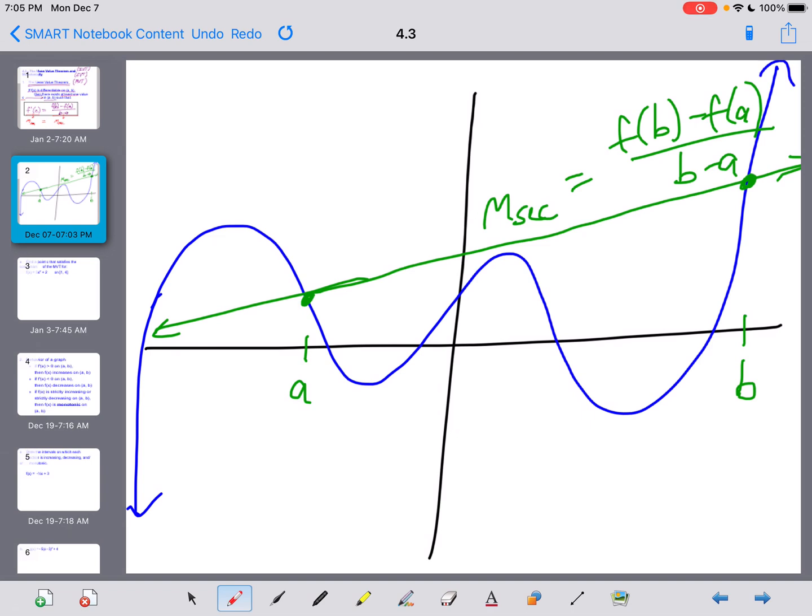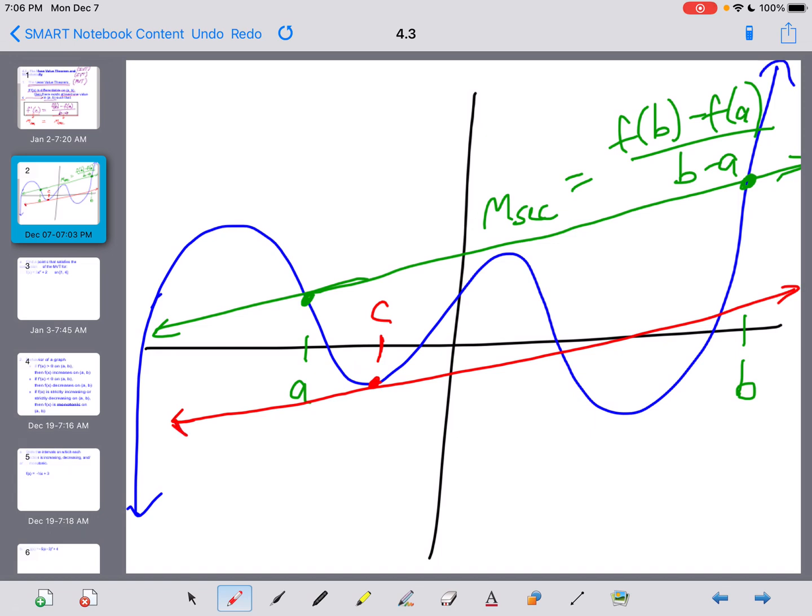I am just going to eyeball this right now, but I think one such value is maybe right here. If I called that C and went down to the curve itself and tried to draw the tangent line to that curve passing through that particular point, well, it's certainly not perfect.